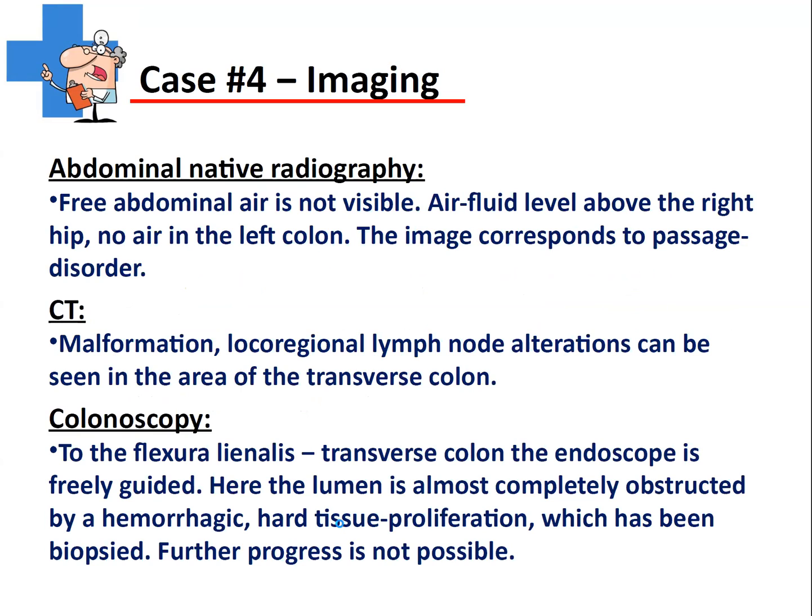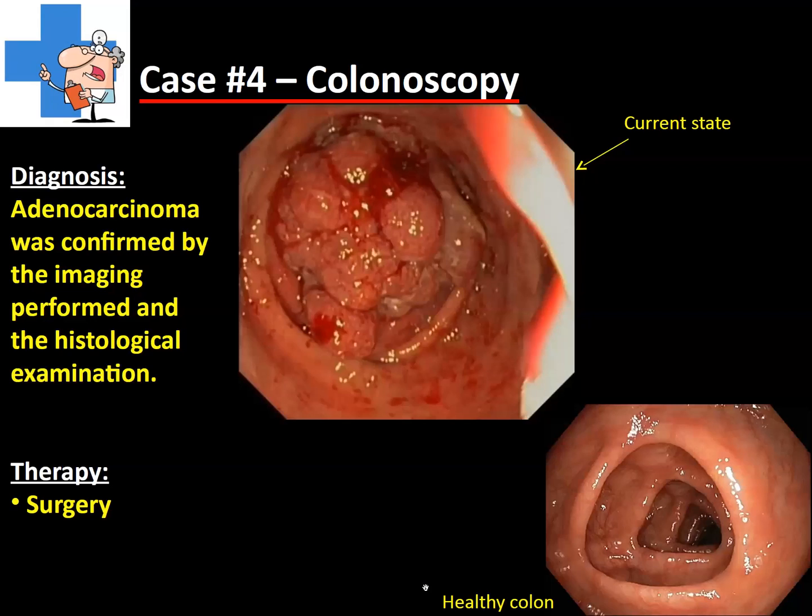CT, however, showed a malformation, and locoregional lymph node alteration can be seen in the area of the transverse colon. On colonoscopy, up to the transverse colon the endoscope is freely guided. Here, the lumen is almost completely obstructed by a hemorrhagic hard tissue, which has been biopsied. Further progression is not possible, and this is how it looked.